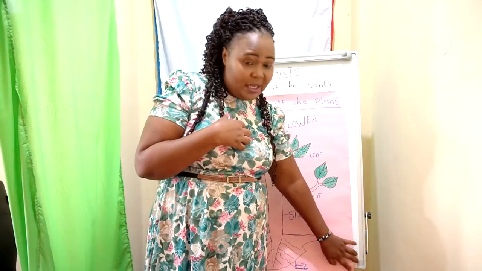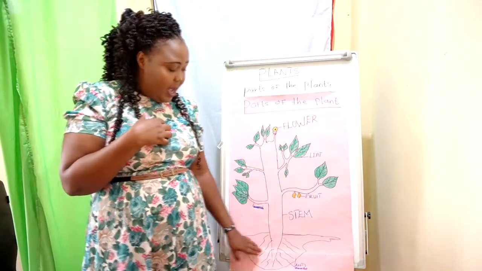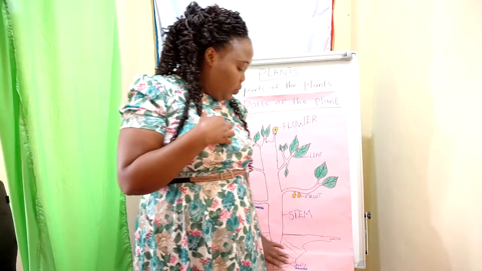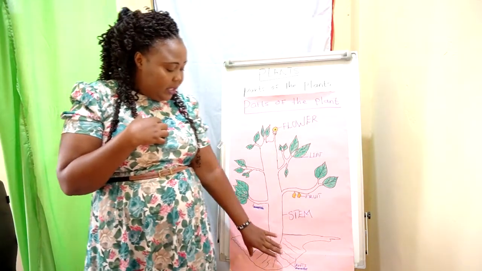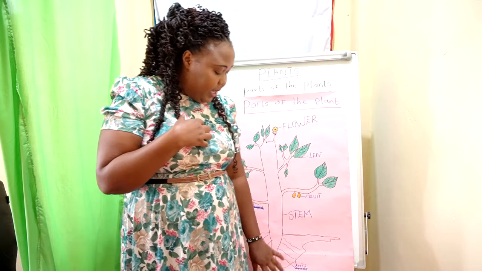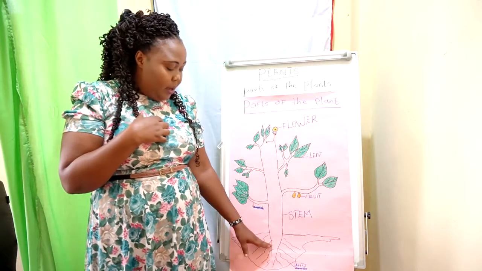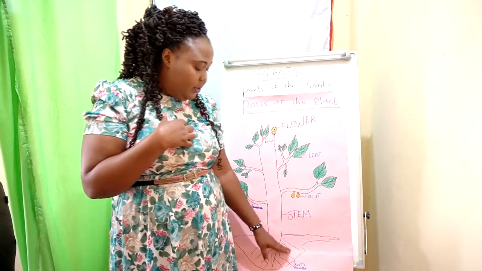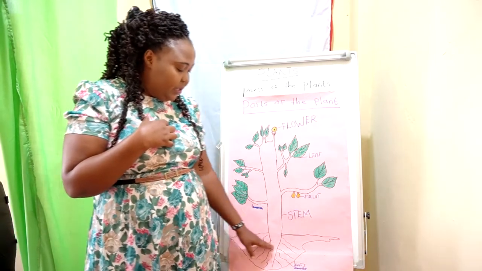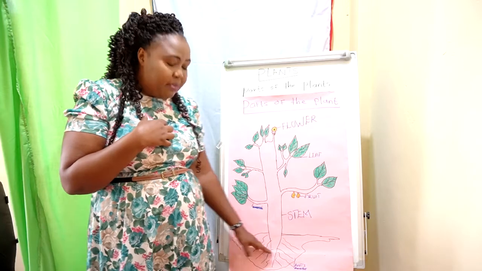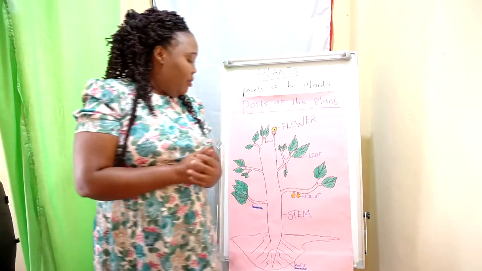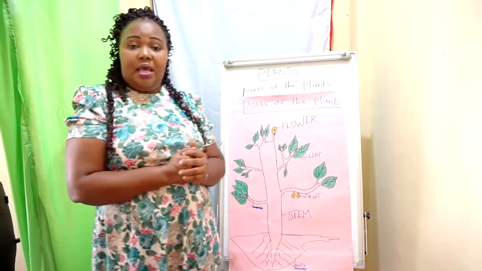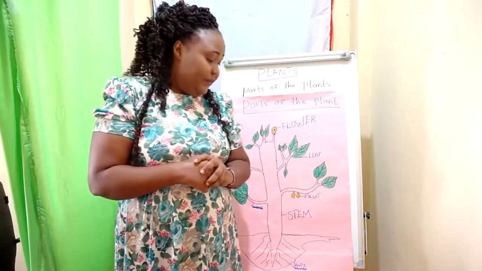You have to ask, because some roots are harmful to our health. So mark that the only roots that we can eat are roots of cassava, sweet potatoes, yams, and carrots.